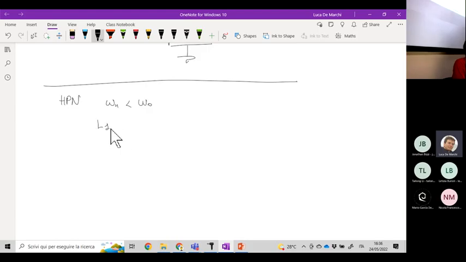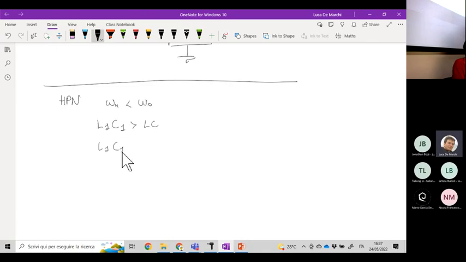This means that L1 C1, which sets the value of omega n, must be larger with respect to LC, which sets the value of omega null. Since LC and L1 C1 are inversely proportional to omega n, we have to change also the orientation of this inequality.